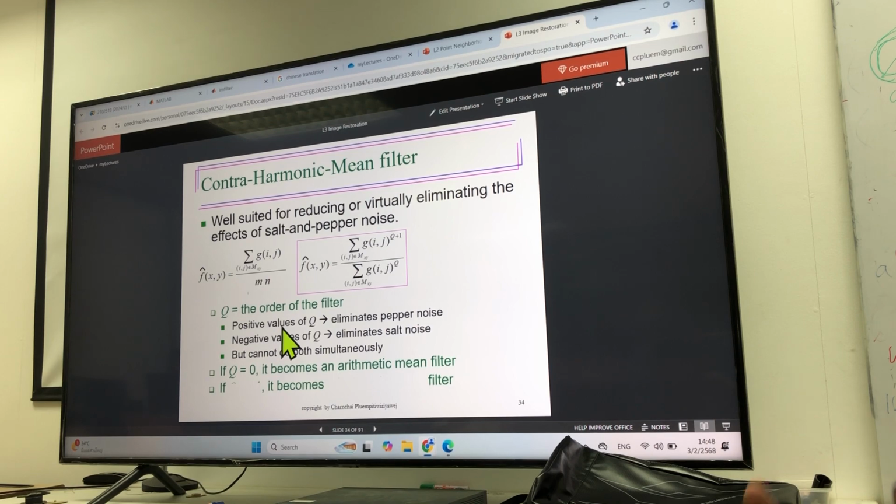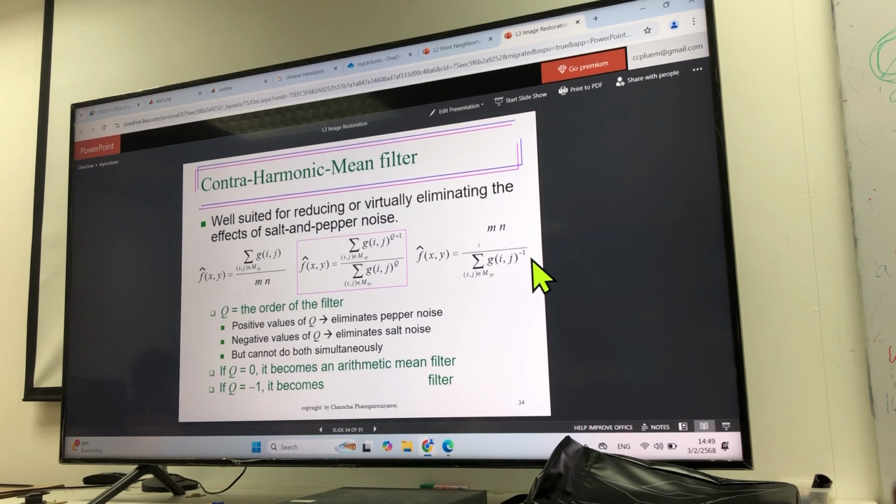What happens if Q is negative 1? If Q is negative 1, the top is the summation of g to the 0, which is 1. Summation of 1s gives you mn. This is divided by the summation of g to the negative 1, which is 1 over g.